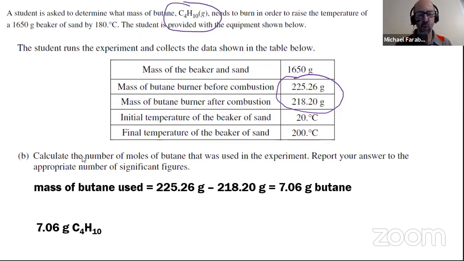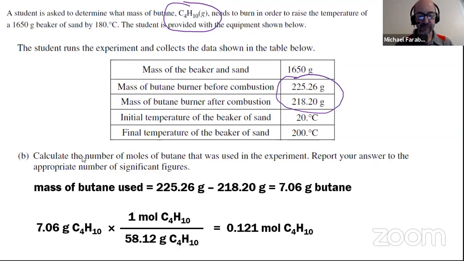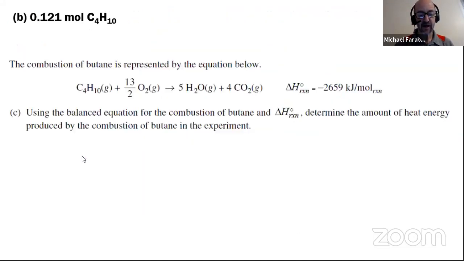So carbon weighs 12.01, hydrogen weighs 1.008, so you multiply carbon times 4, hydrogen by 10, and you get 58.12 grams of butane per mole. 3 significant figures in our answer. So 0.121 is the answer to part B. That's moles of butane that were used in the experiment. Now, moving on to part C, we are given a balanced equation for the combustion of butane.